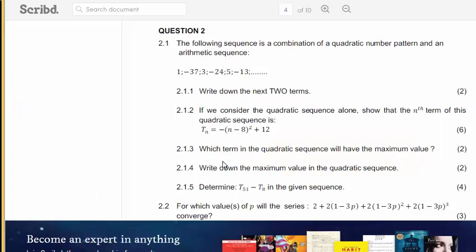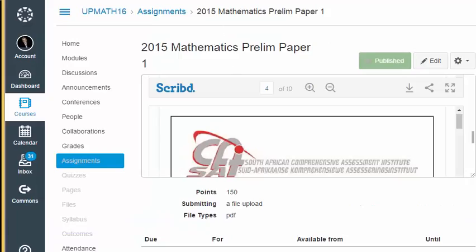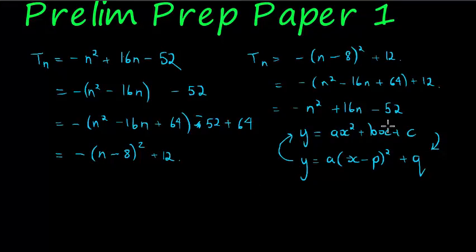Next question. Which term in the quadratic sequence will have a maximum value? Now, when we have this expression, that would be my maximum value, because this is basically a parabola, an upside down parabola, and we know that that is the maximum point then, and that the coordinate of that point is 8, 12.